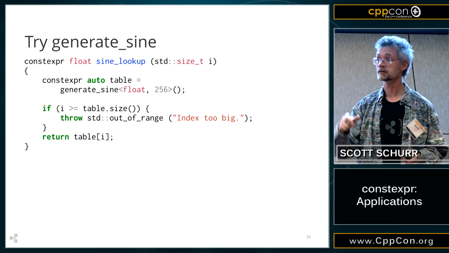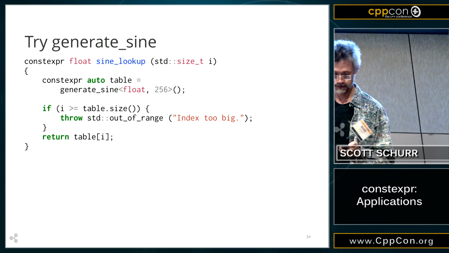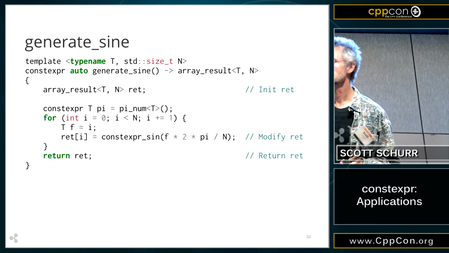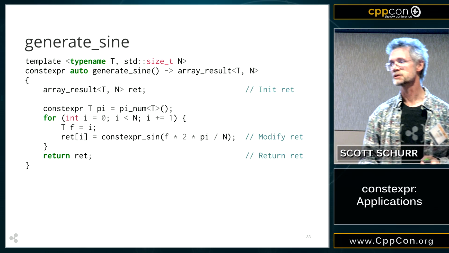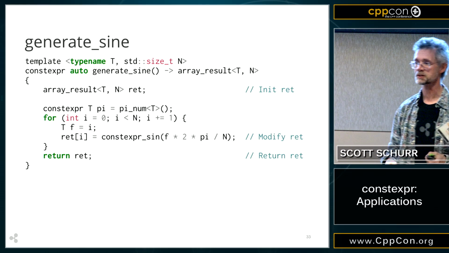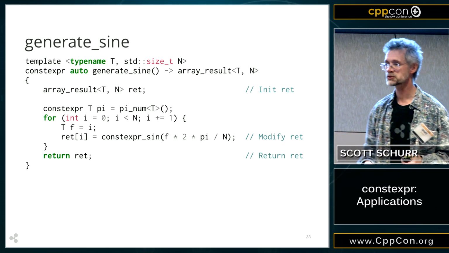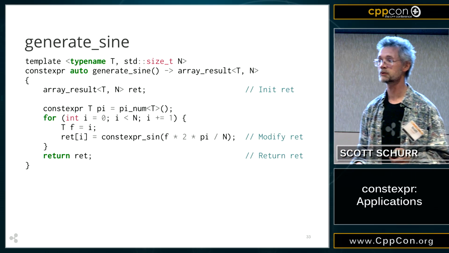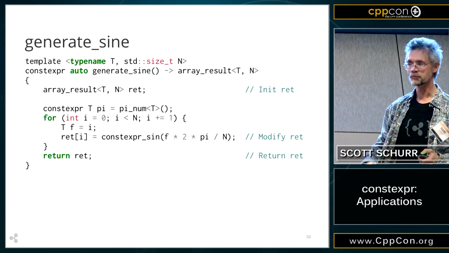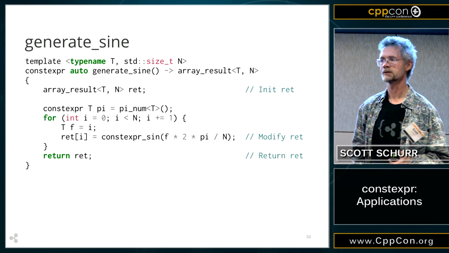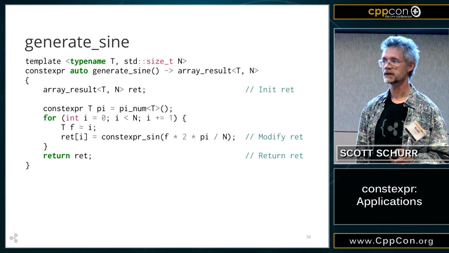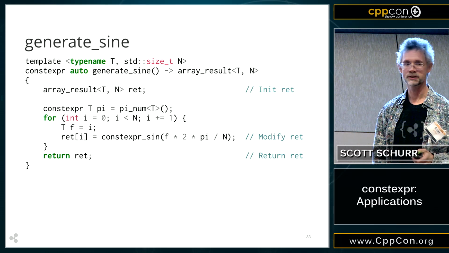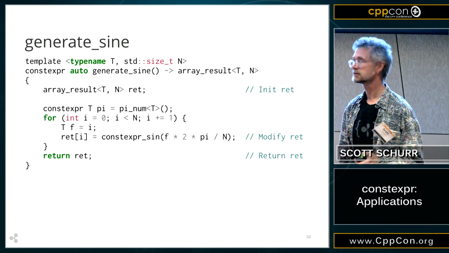Question? Yes. What compilers are supporting that now? Both Clang and GCC support C++14 constexpr. Visual Studio does not. Visual Studio is now at pretty complete support for C++11 constexpr. But Clang and GCC are both at C++14.